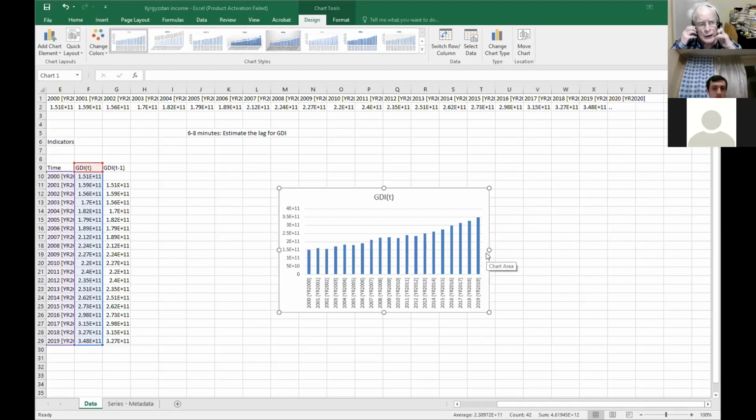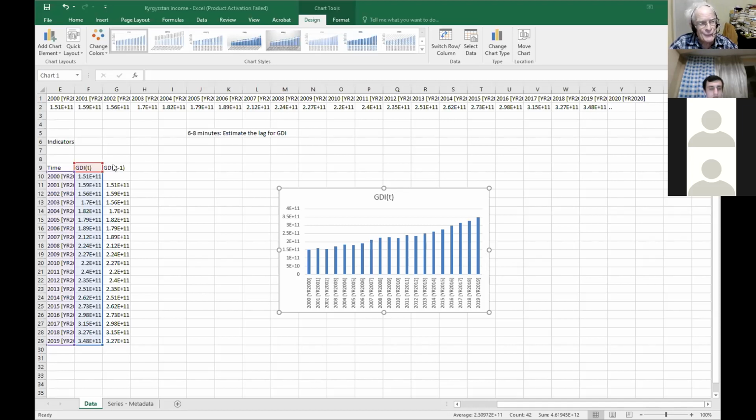Okay, let's take a look at how you did on the forecast. How did you estimate the lag in this case in Excel? Draw a regression, create an auto-regression model. Okay, good.